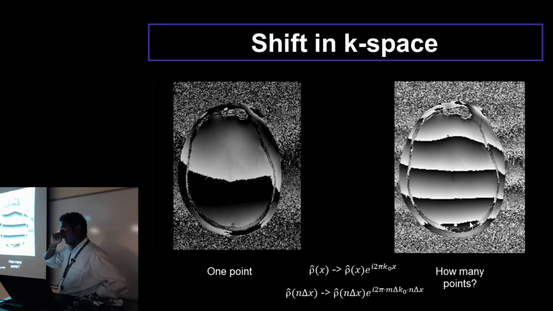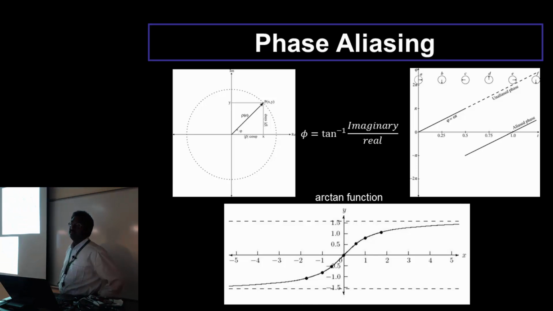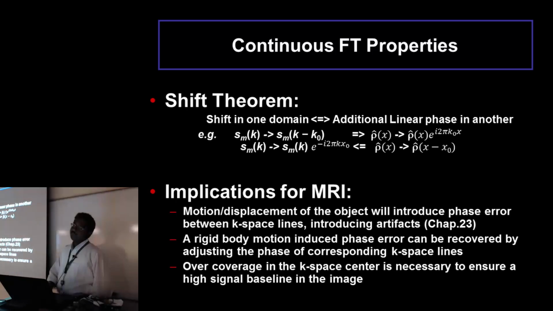Okay, is that clear to everybody? Now, from the previous slide, when you say motion correction, will it change the resolution of the image? No, you're correcting the k-space line.